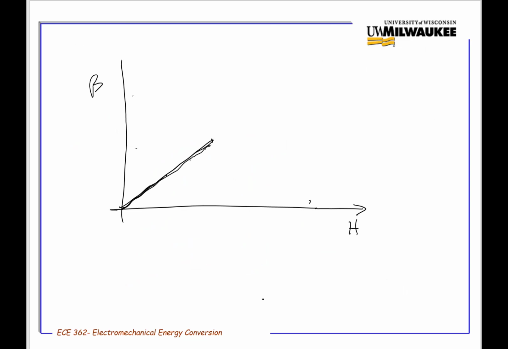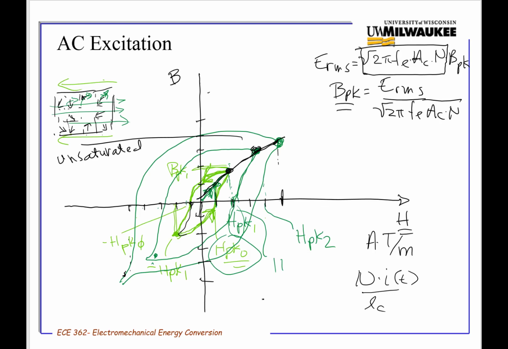So these are the apex points that you're getting. At some point we're going to be putting more H in, and these dipoles are going to be lined up, pointing in the same direction. At that point you've saturated the core. Let me draw a better picture.